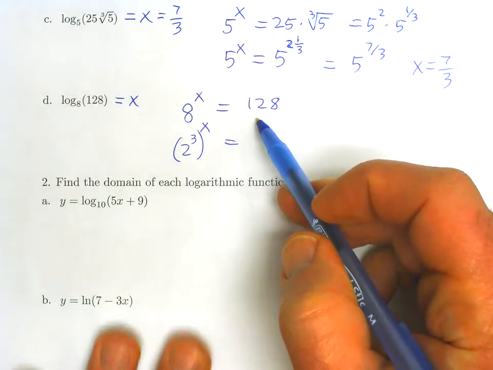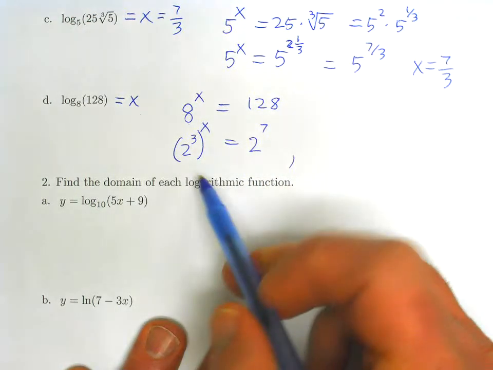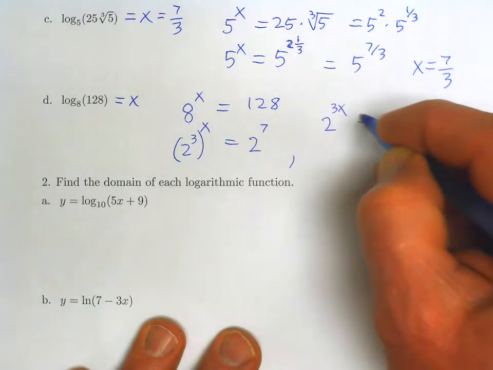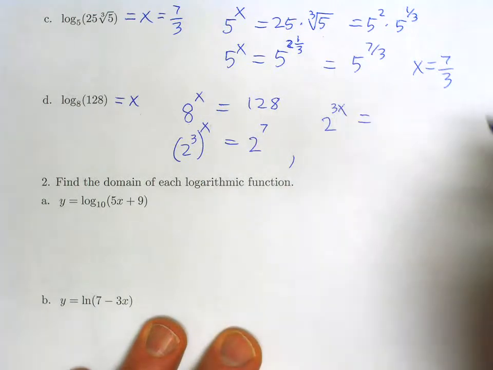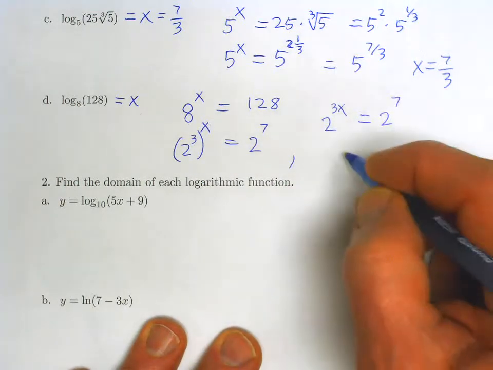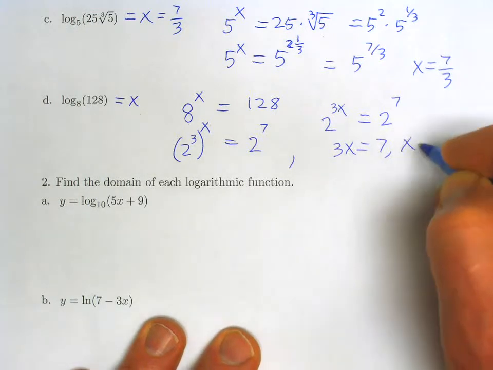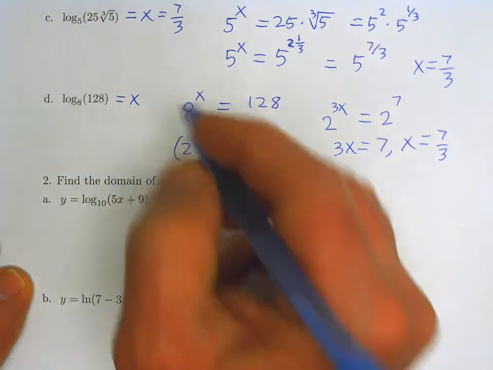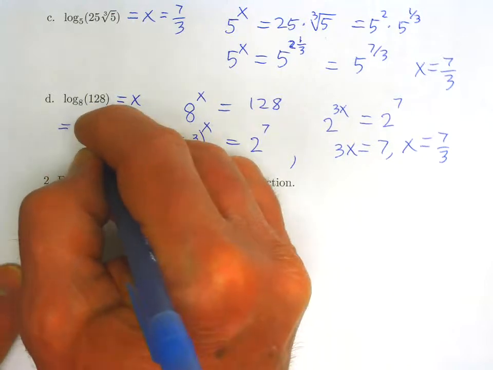And 128 is 2 to the 7th. And 2 to the 3rd to the x is 2 to the 3x, because we're multiplying those exponents. And 2 to the 3x equals 2 to the 7th. That implies that 3x equals 7, so x equals 7/3. So log base 8 of 128 is 7/3.